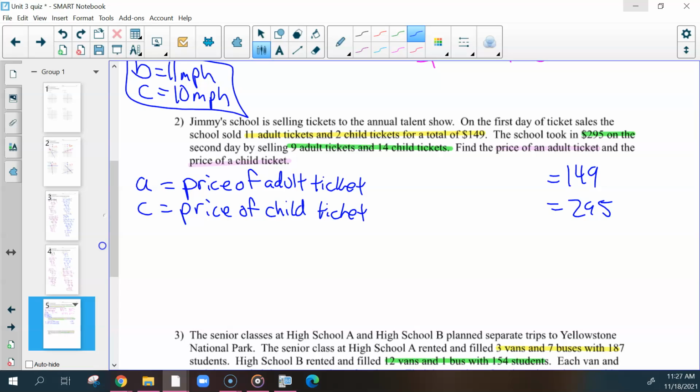So I'm going to need 11 and 2 and A and C. So 11A plus 2C, and then 9A and 14C. And then you have options, solve it by graphing, elimination, substitution. However you solve that, you should get A equals $11 and C equals $14.